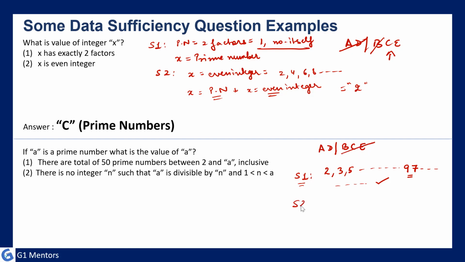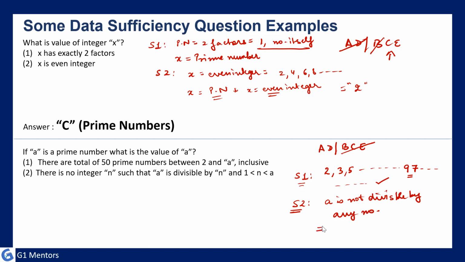Let's go to statement 2. Statement 2 says there is no integer n such that A is divisible by n and n is between 1 and A. What does this say? This is a very simple statement. It is actually saying that A is not divisible by any number.